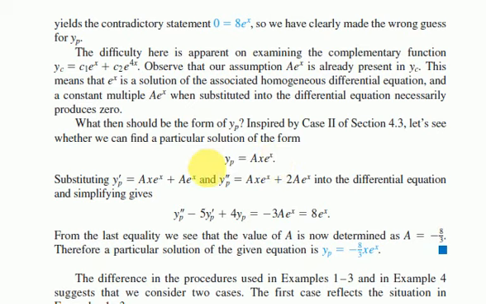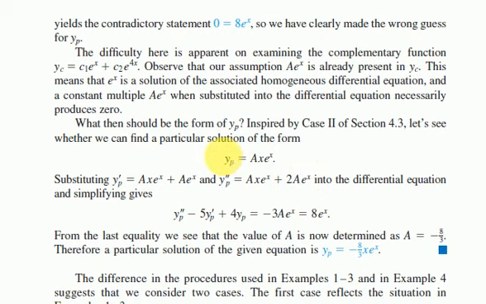Now differentiate it: yp dash is equal to ax e raised to power x plus a e raised to power x. Differentiating again gives yp double dash equal to ax e raised to power x plus 2a e raised to power x.